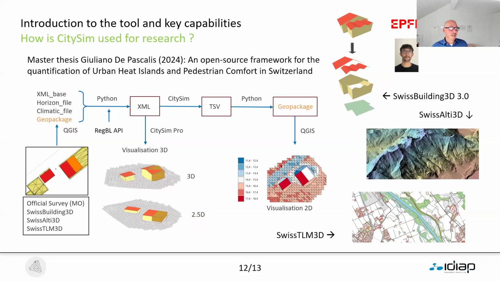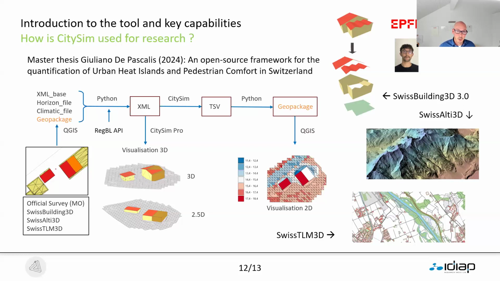So basically, in addition to what we had before with Olivier, here we are using another data set called Swiss Alti 3D. That is an altimetric model of Switzerland at 50 centimeters resolution, so a pretty dense one, to create the grounds around the buildings.